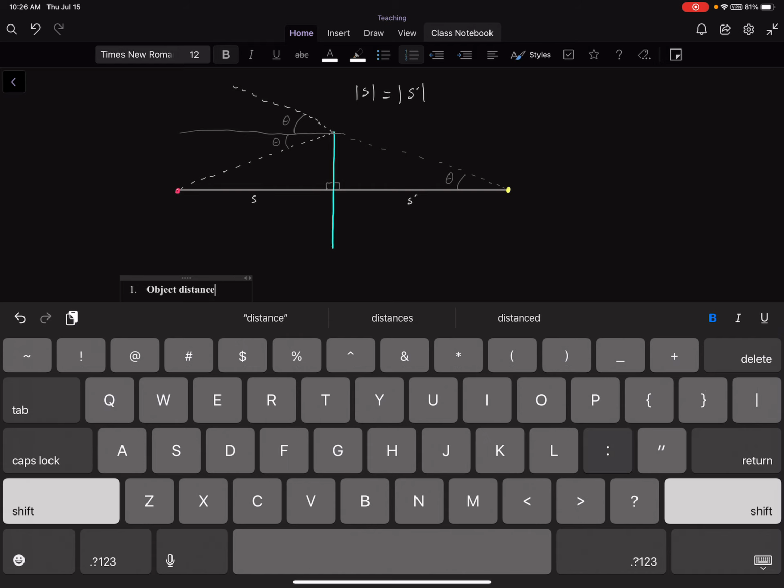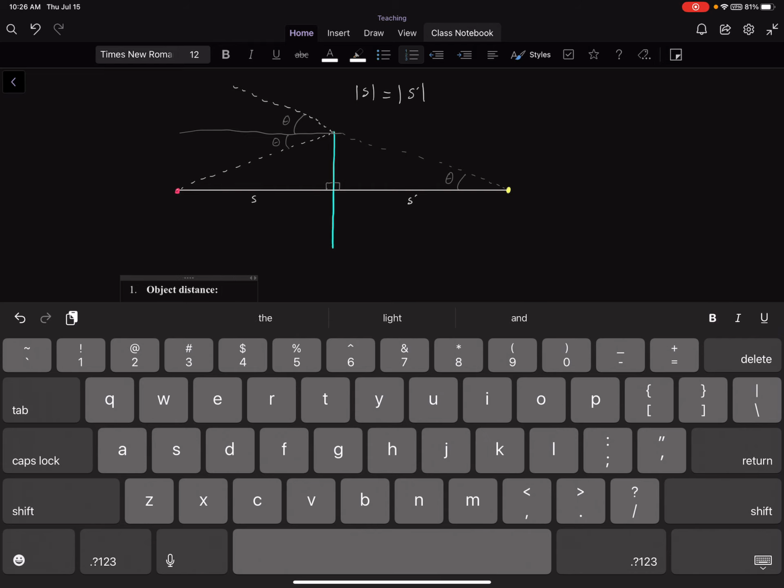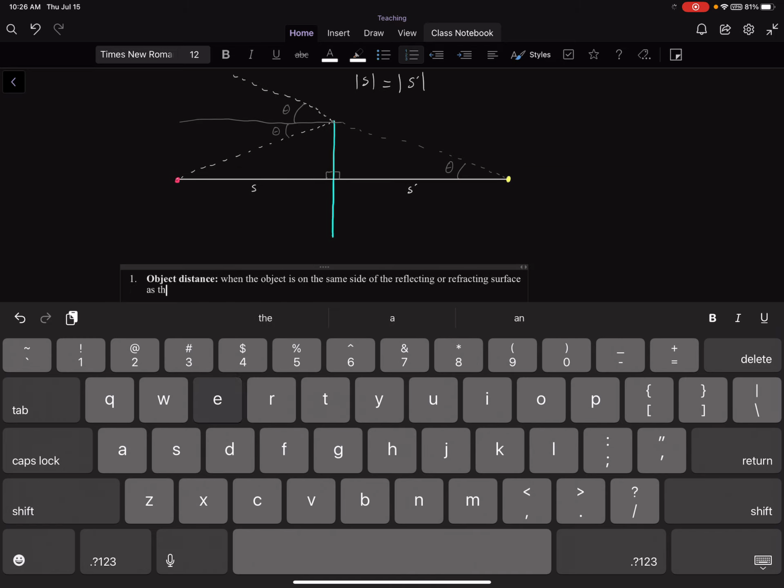All right, object distance. And it says that when the object is on the same side of the reflecting or refracting surface as the incoming light, then the object distance is positive.